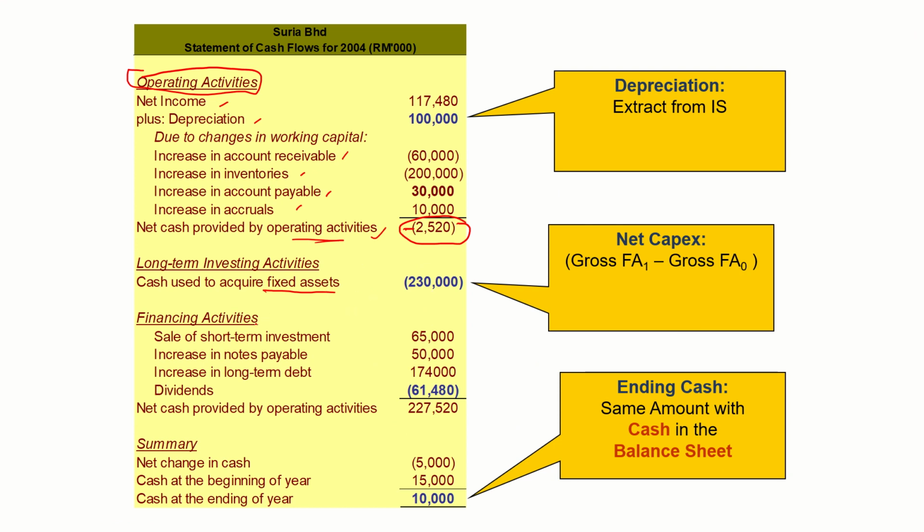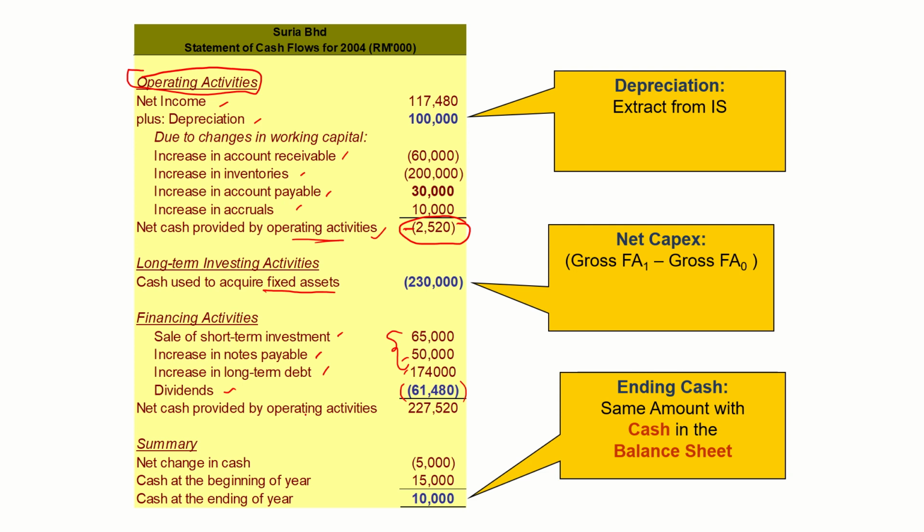Finally, financing activities: a sale of short-term investment, an increase in notes payable, and an increase in long-term debt. What does this mean? This means that they acquire additional long-term debt and issue notes payable this much, and they are paying dividends. This money is coming in, this money is coming in, and this money is going out.